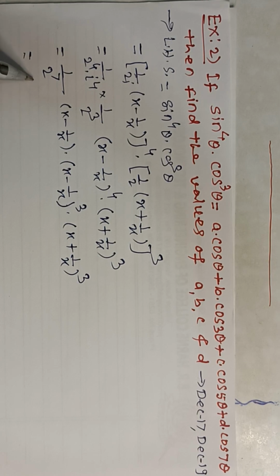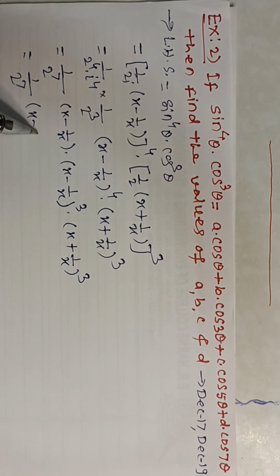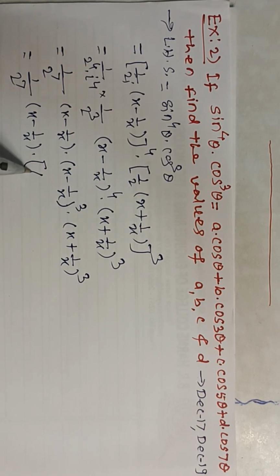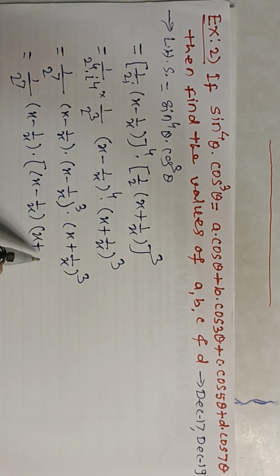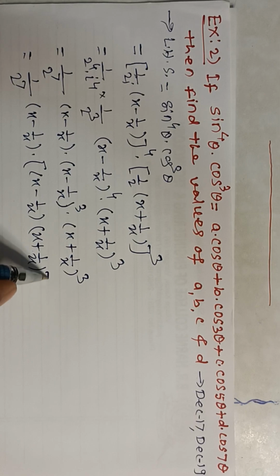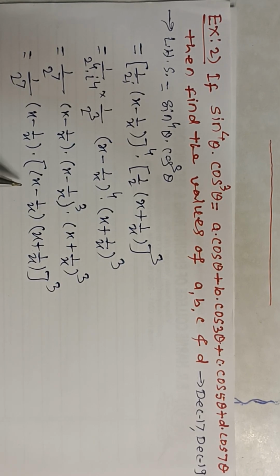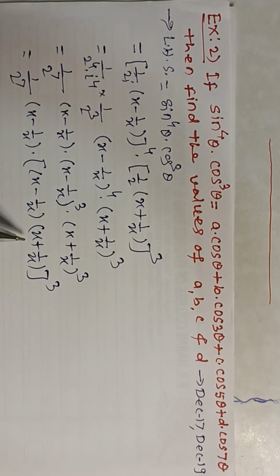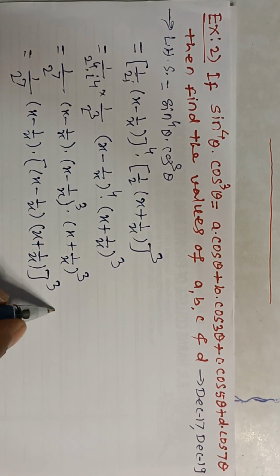1 upon 2 to the power 7, (x minus 1 upon x) into the cube of (x minus 1 upon x) into (x plus 1 upon x), and you know a minus b into a plus b is equal to a square minus b square. You know that formula.